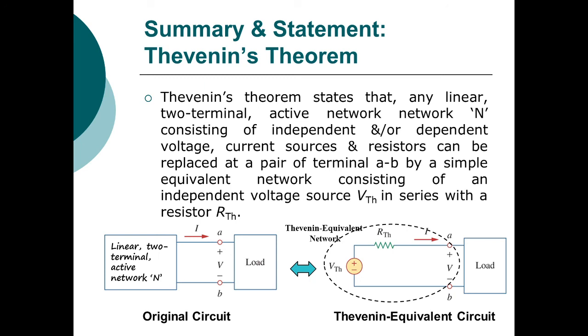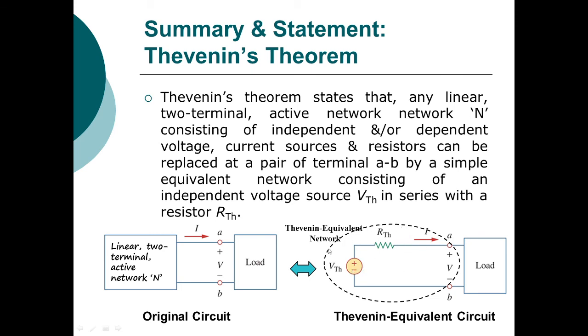It states that any linear two-terminal active network N consisting of independent and or dependent voltage, current sources and resistors can be replaced at a pair of terminal AB like this by a simple equivalent network consisting of only a voltage source VTH and a resistance RTH in series.